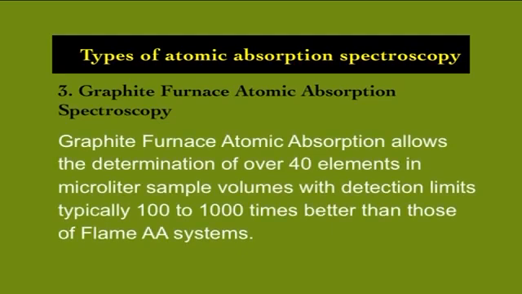Graphite furnace atomic absorption allows the determination of over 40 elements in microliter sample volumes with detection limits typically 100 to 1000 times better than those of flame atomic absorption systems.